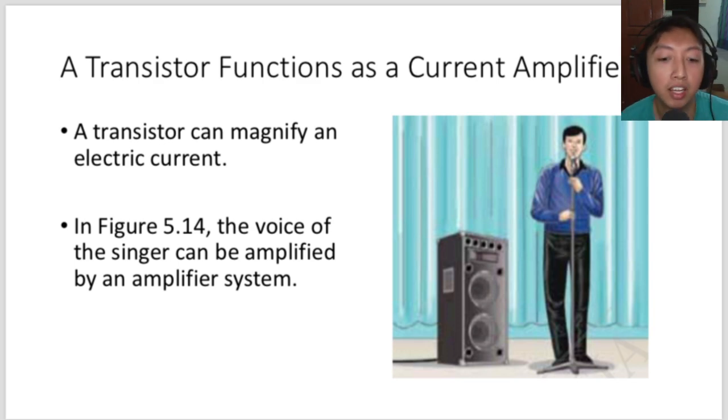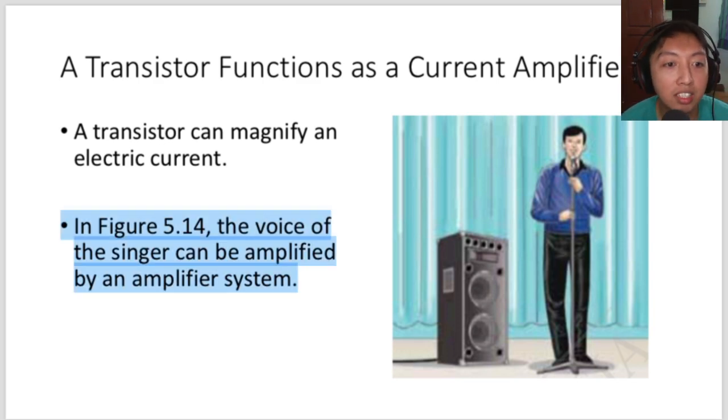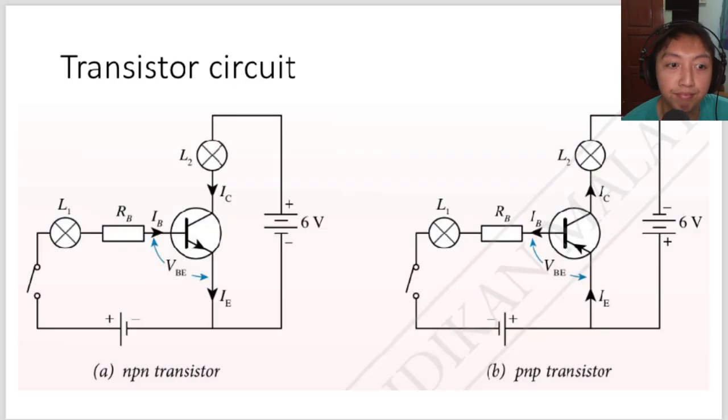With a transistor, you have control. The way a transistor works is that the more current is flowing through the base, the more current the base will allow to go from collector to emitter.